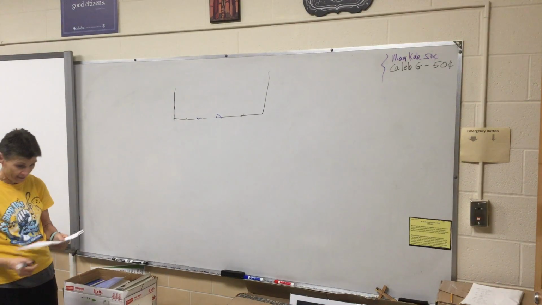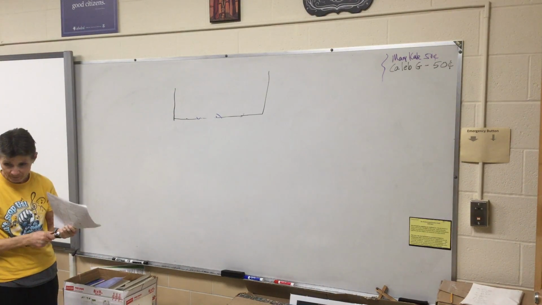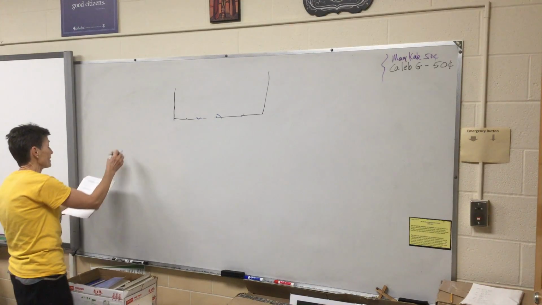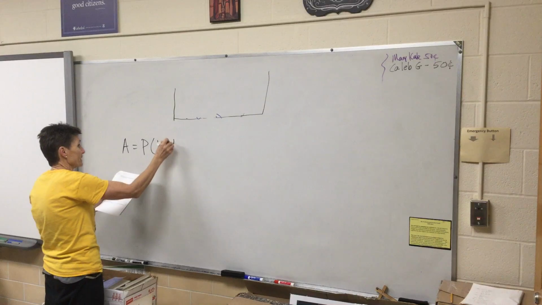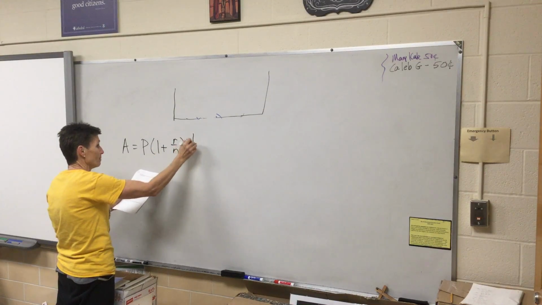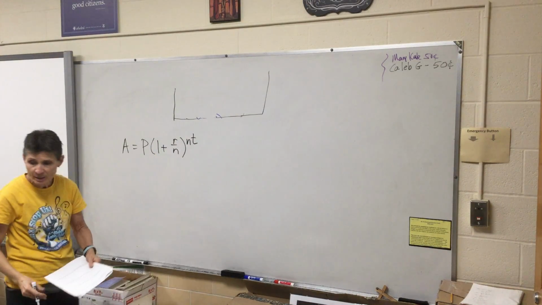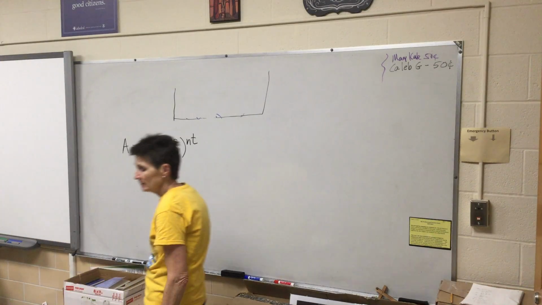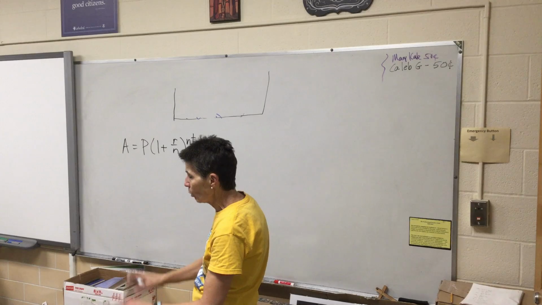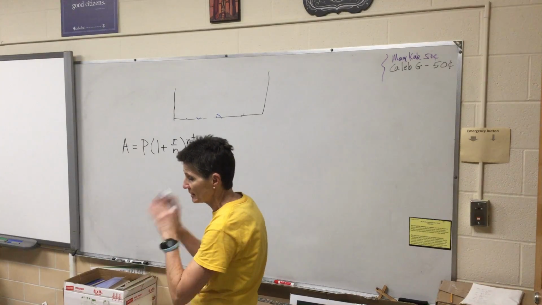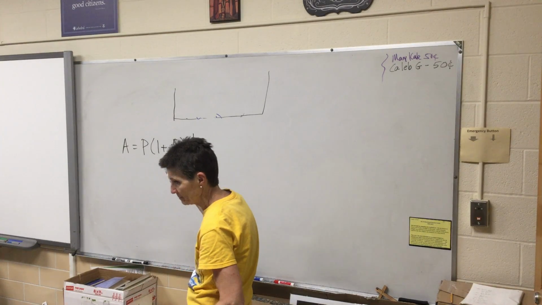The big long one, you're right. And the key word, guys, if you're confused, is compounded quarterly. When it says compounded quarterly, daily, yearly, monthly, that is this formula.